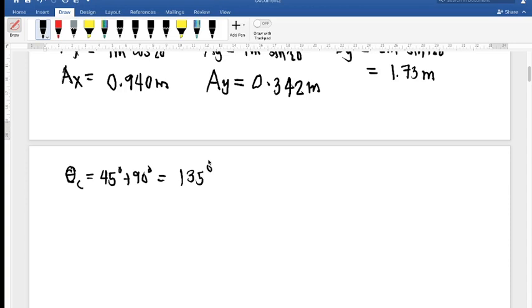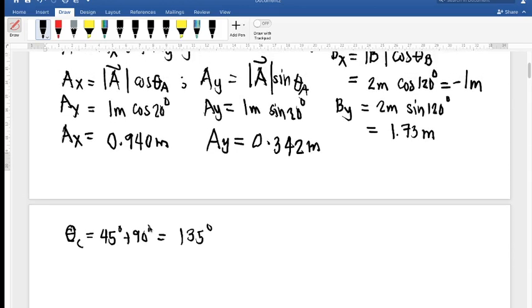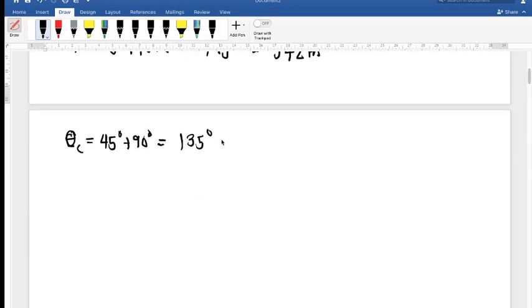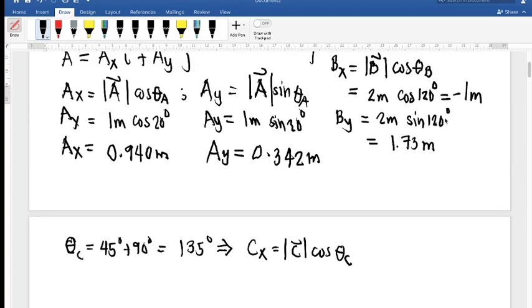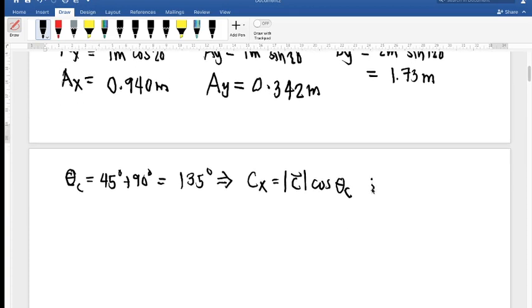And then, pagkatapos you can get the components by the formula na sinulat ko sa lecture presentation nyo. So we have Cx is equal to the magnitude of C, tapos cosine theta of C, then your Cy is equal to the magnitude of C sine theta of C. Okay, so let's do this.